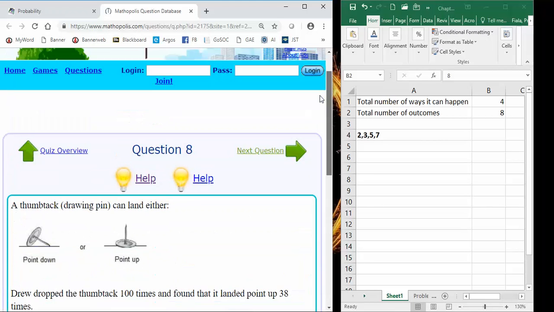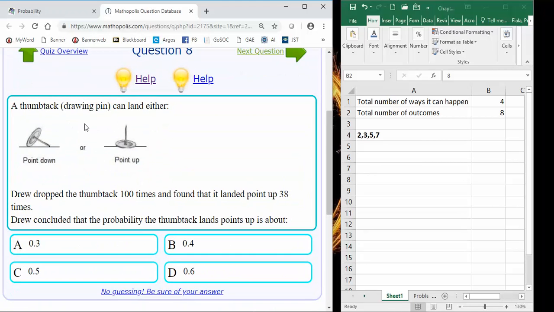Okay. Next one. Oh, how many more? There are 10, I think. A thumbtack can land either point down or point up. Drew dropped the thumbtack 100 times and found that it landed point up 38 times. Drew concluded that the probability that the thumbtack lands point up is about, well, it landed point up 38 times.